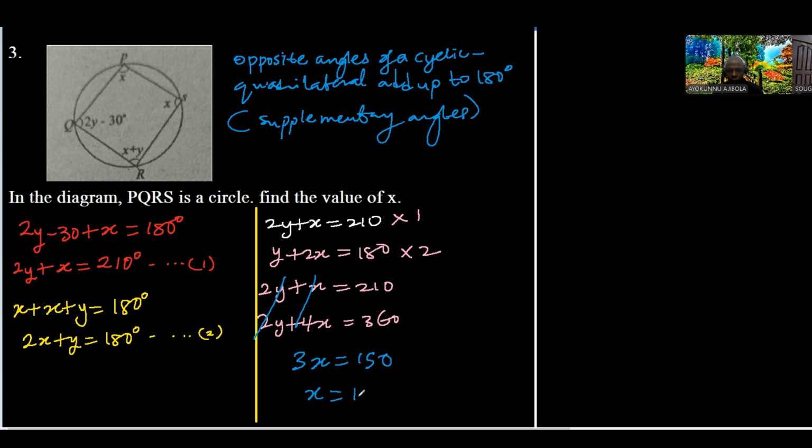So x equals 150 over 3, which is 50 degrees. So if x is 50 degrees, then we can find our y from any of the equations. So we can say 2 into 50, not 150, okay, plus y.